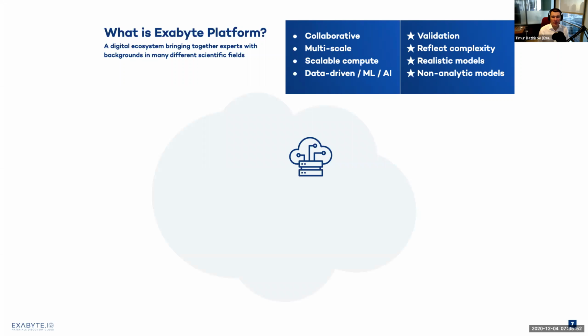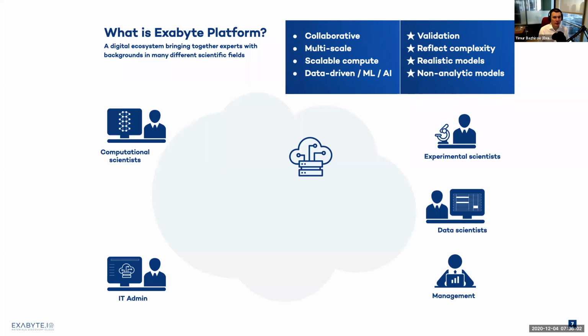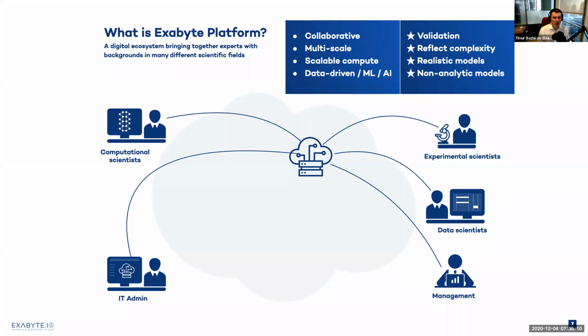And we call this focal point a cloud. Not necessarily a public cloud, it could be a private cloud, but a place where different kinds of users and different kinds of data meet. And this could be computational scientists, experimental scientists, data scientists, IT administrators, the R&D management. All of them have access to this focal point, the cloud.